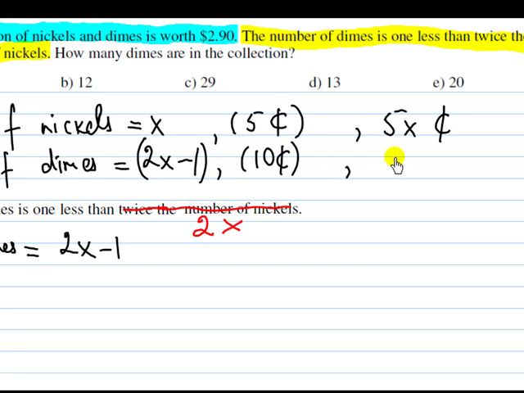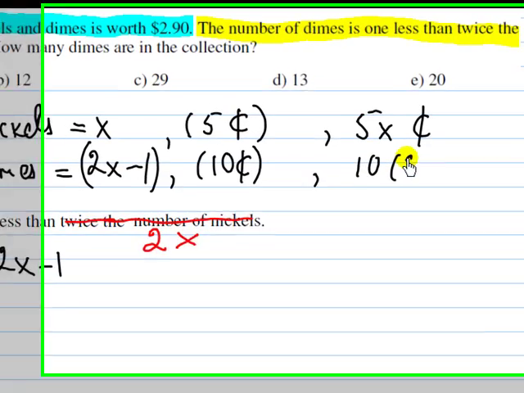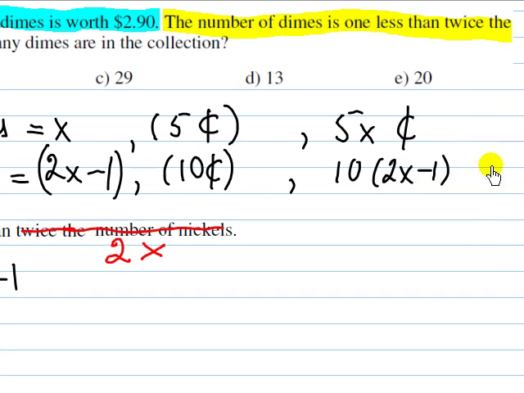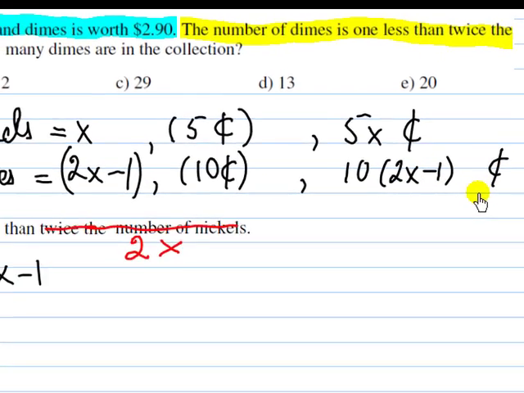So the total value of all the dimes, all 2x minus 1 dimes, will be 10 times 2x minus 1 cents.